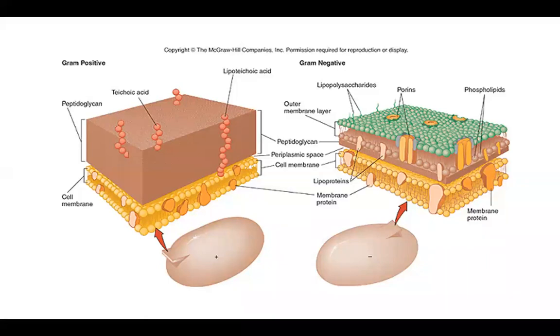The difference is that the lipoteichoic acid is anchored on the membrane, while the teichoic acids are only found in the peptidoglycan layer. Then we have the gram-negatives with a thin peptidoglycan layer and an outer membrane, which is not permeable. So remember we said molecules have to get in through the porin channels. Okay, so this is very basic and this is something you need to remember throughout bacteriology.